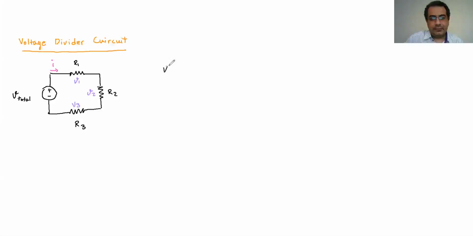In this case, if you write the Kirchhoff voltage law, which says that sigma V is zero, eventually you will get something like that: V total, the voltage that the battery provided, is equal to all the voltages in the elements. V1 plus V2 plus V3. You will write that equation.